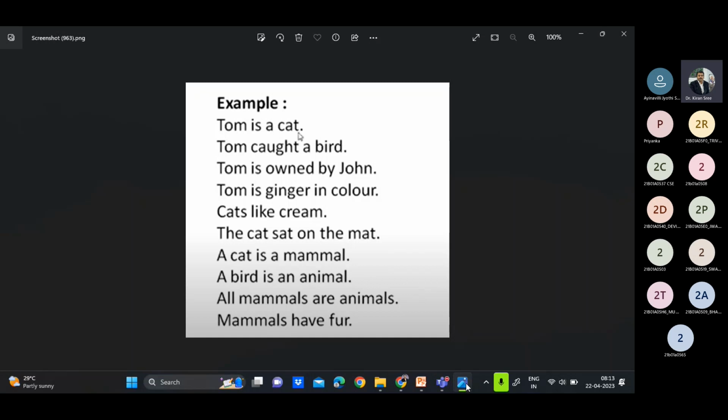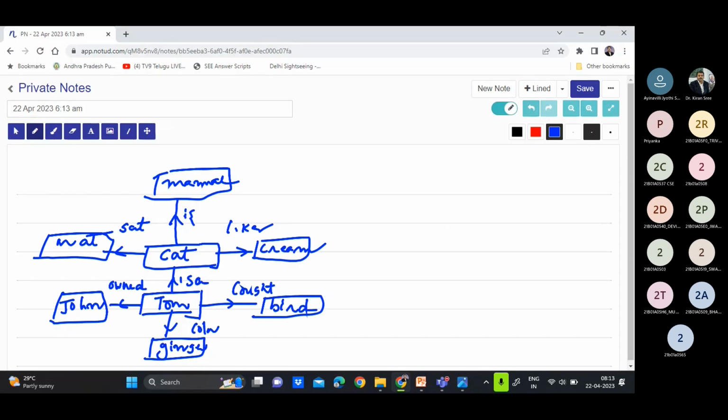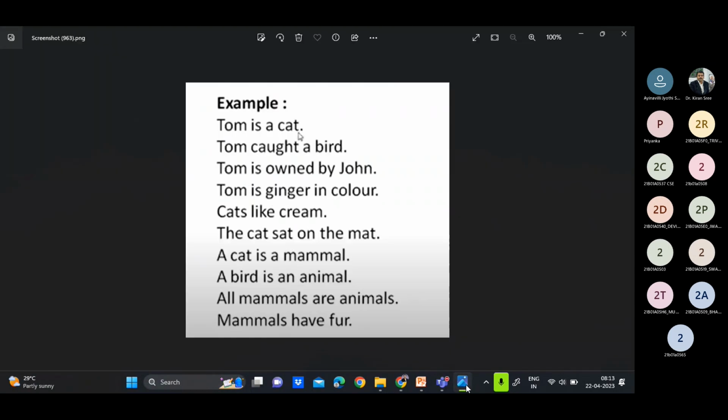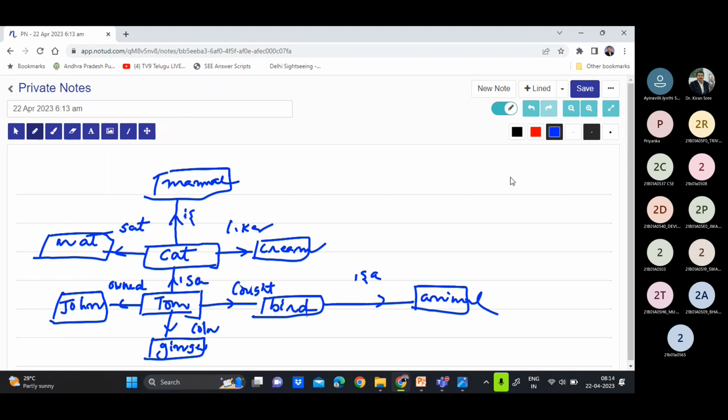A bird is an animal. All mammals are animals. Every mammal is an animal.